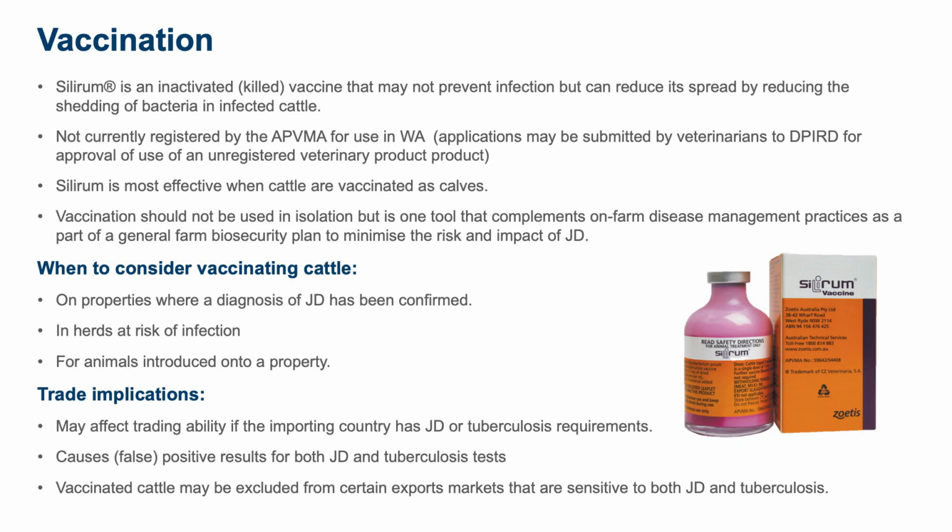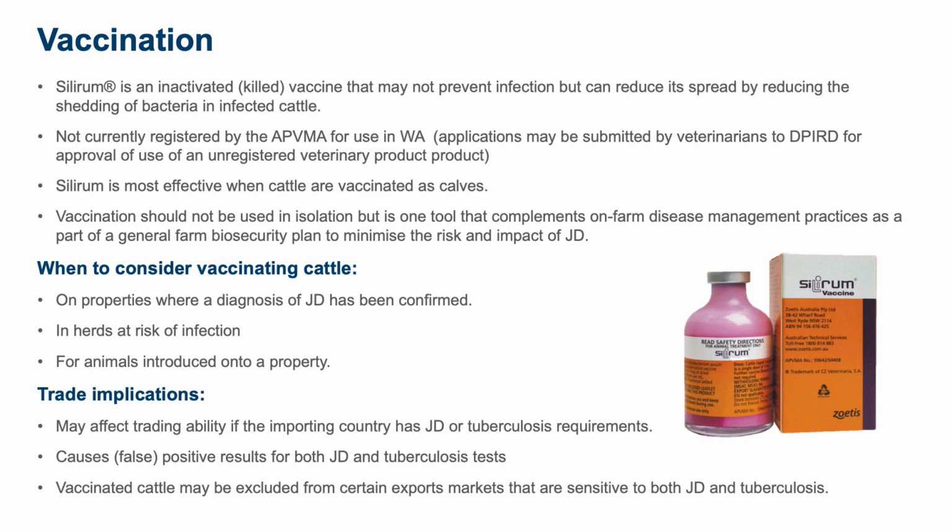Vaccination should be used to complement on-farm disease management practices and as part of a general farm biosecurity plan to minimise the likelihood and impact of JD. Cattle studs, including those not known to be infected with JD, may consider vaccinating their sale calves to give buyers increased assurance that the cattle will not spread JD later in life if the property is subsequently found to be infected.